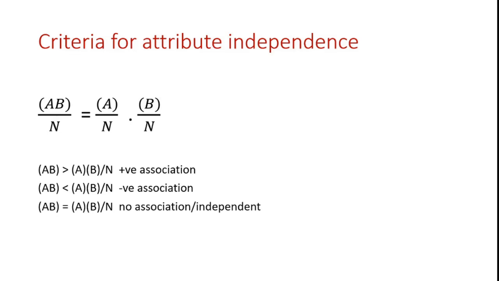Similarly, bracketed A is the frequency of the class that has attribute A, and bracketed B is the frequency of the class with attribute B. This is what we test for independence, whether the attributes are independent or not, and what kind of association they have, whether it's a positive association, negative association, or no association, right?